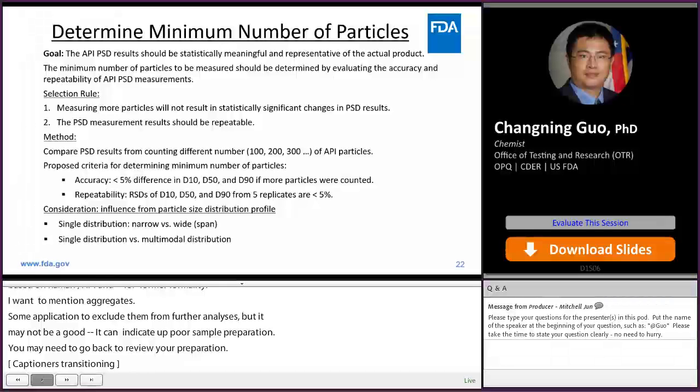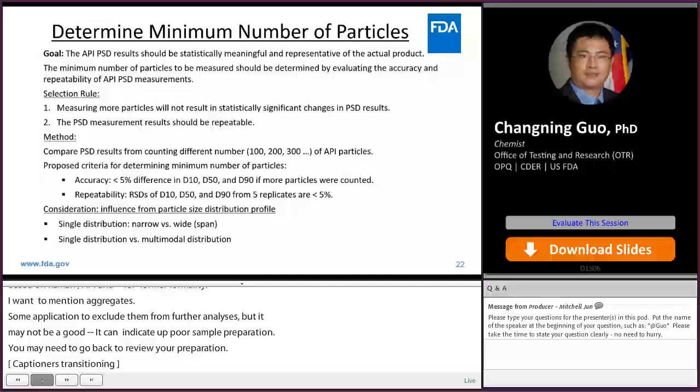On the other hand, the PSD measurements and the results should be repeatable. A simple method to do this is to compare PSD results from counting different number of API particles. The criteria for evaluating the accuracy of the measurement is to check if the D10, D50, and D90 have less than 5% difference if more particles were counted.